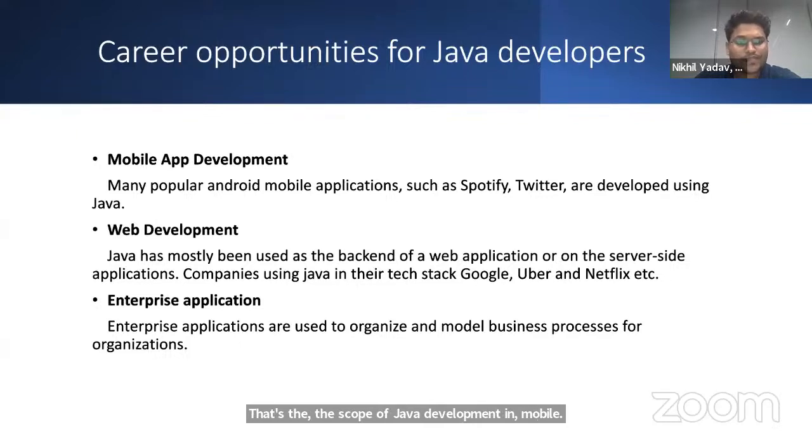Java is also constantly and mostly used in web development as a backend language, and top companies like Google, Uber, and Netflix, even Infosys, which has a huge reputation in the IT sector, use Java for their backend development.